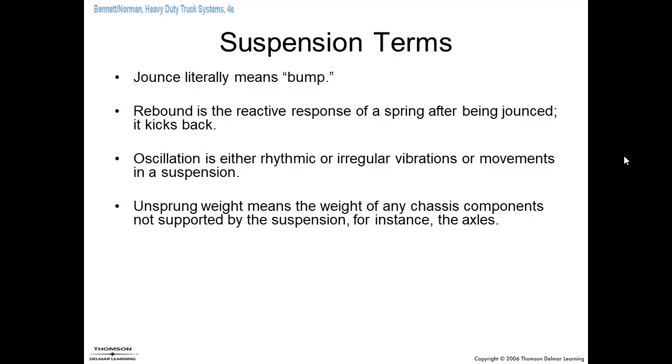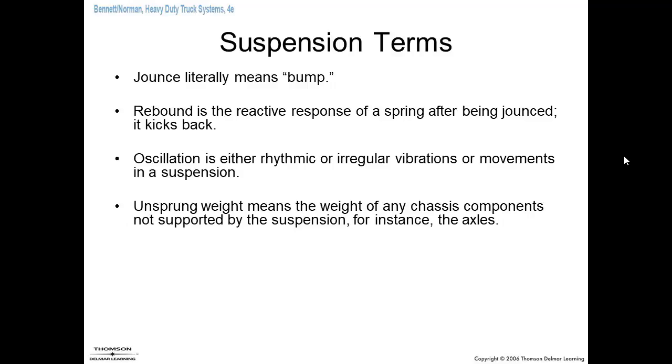And then sprung weight and unsprung weight. Obviously, sprung weight would be anything from the tractor that is supported, held up by the suspension. So the payload, the frame, the engine, the transmission would all be sprung weight.